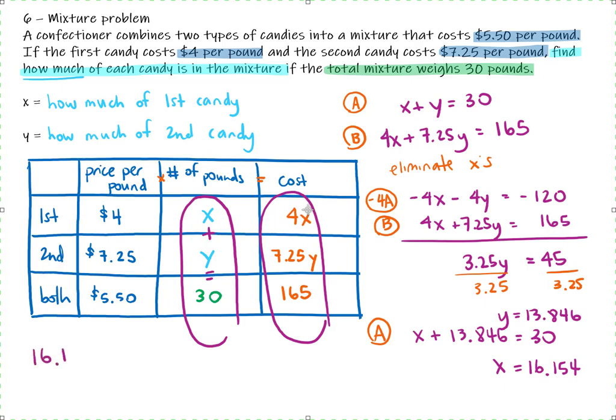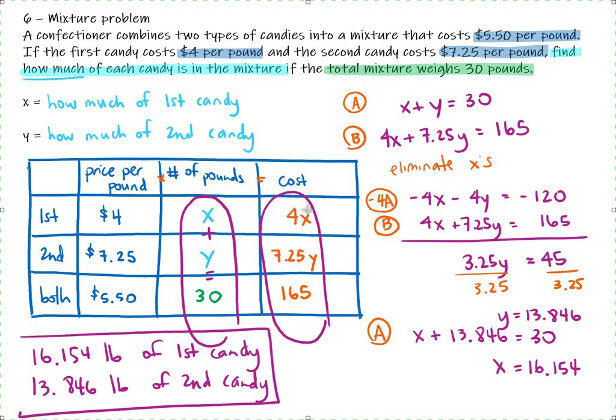We'll say 16.154 pounds of the first candy and 13.846 pounds of the second candy. Always make sure to refer back to your original question to make sure you're answering it.